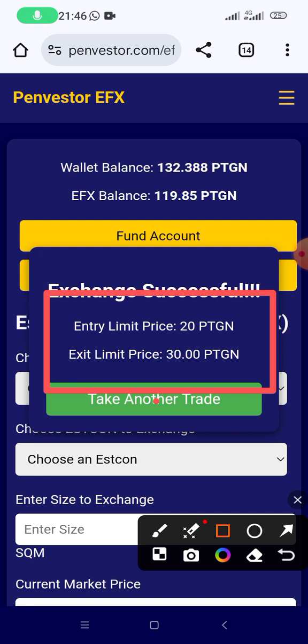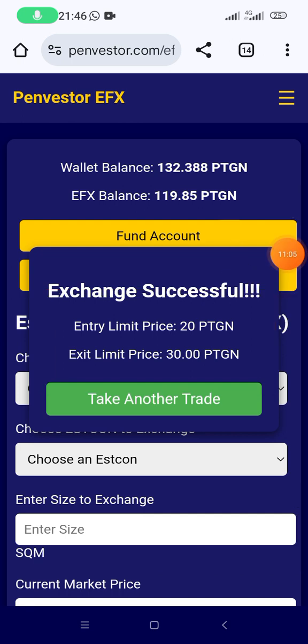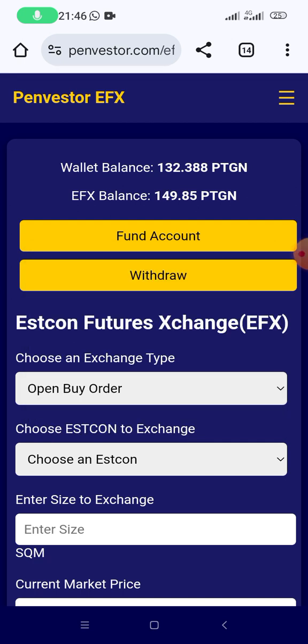Once I click on take another trade, all these things will reflect. You will see my EFX balance, 149.85 because of charges. I think 0.02 charges. So I've made 10,000 naira from this particular trade.